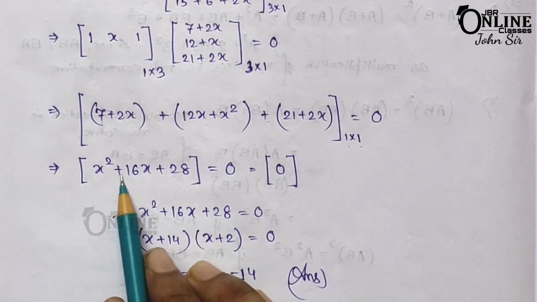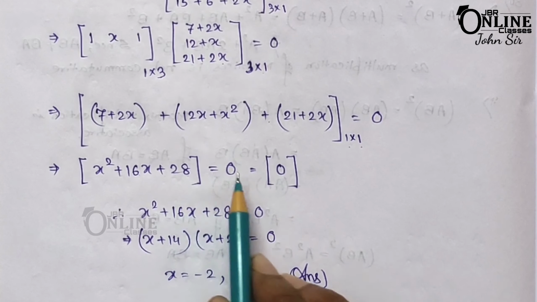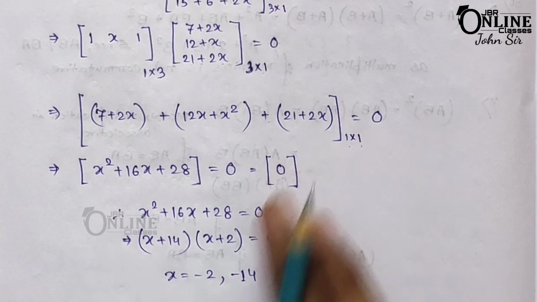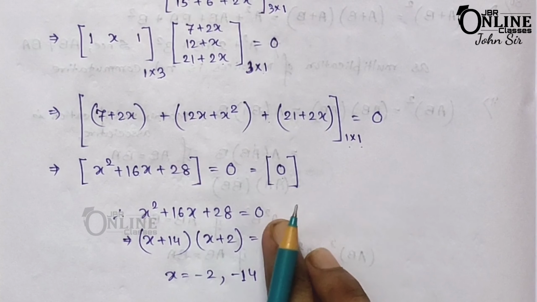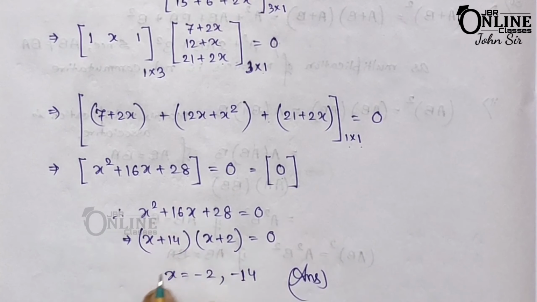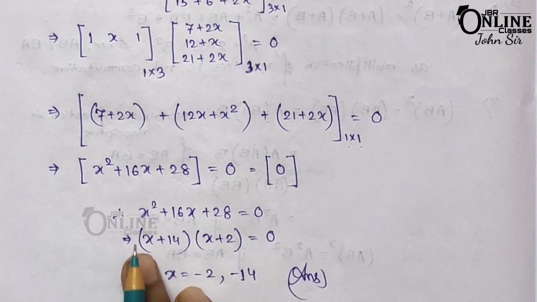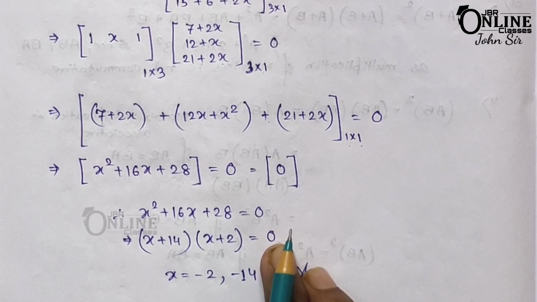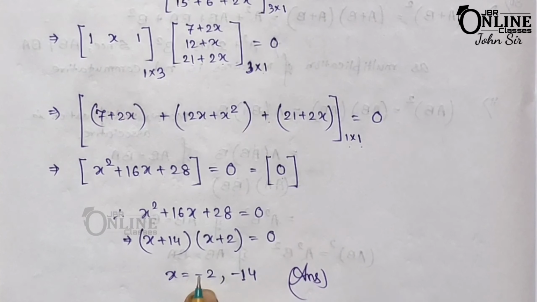So now you will get x² + 16x + 28 equals the 0 matrix. As this is a quadratic equation, you can factorize it by the middle term factorization method. So (x + 14)(x + 2) equals 0, and from that x equals −2 or −14.